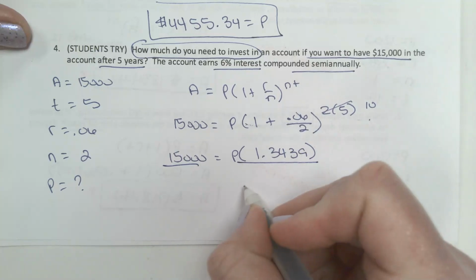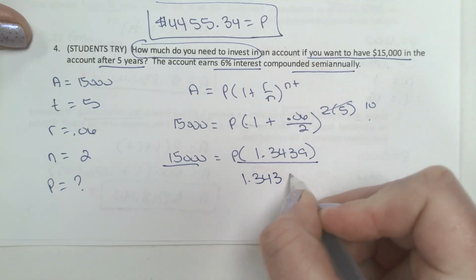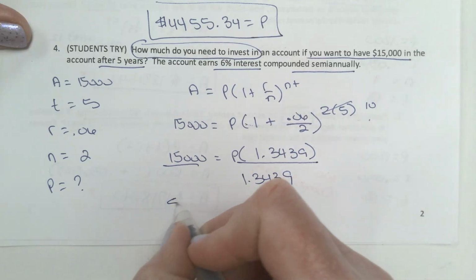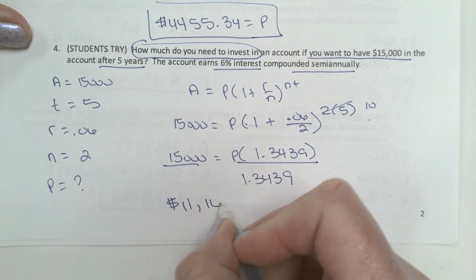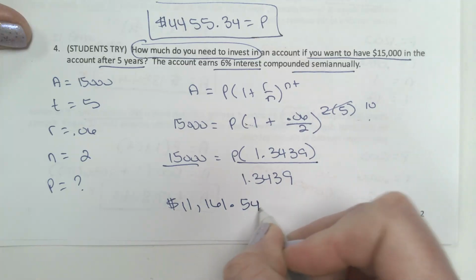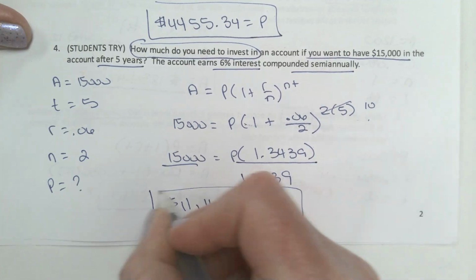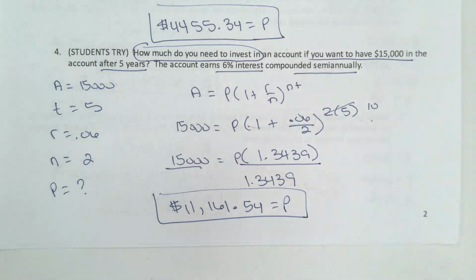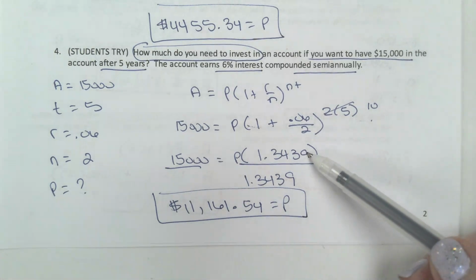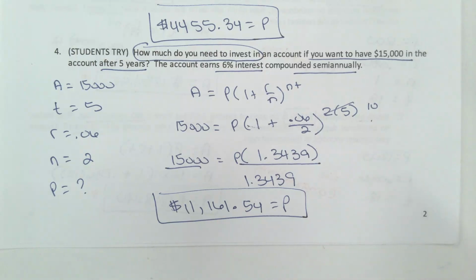I divided both sides by 1.3439, and that's how I got 11,161.54. If your calculator is able to hold that number, that's fine, because you're only going to be off a few, I don't know, pennies from me probably.